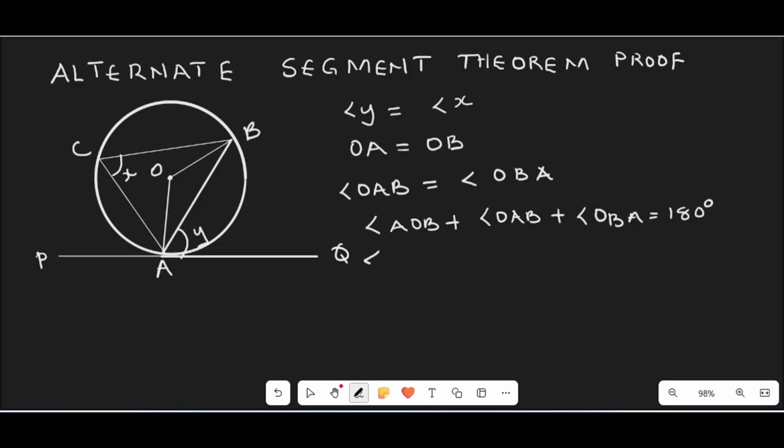Our angle AOB equals 180 degrees minus angle OAB minus angle OBA, because if we move angle OAB and angle OBA to the right hand side, the positive sign will change to negative.